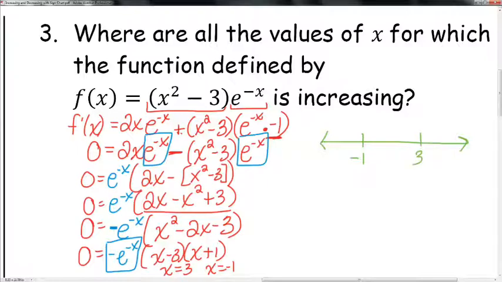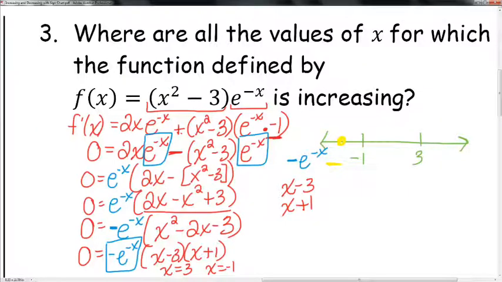But we're going to list all of our factors. So we have negative e to the negative x. We have x minus 3. And we have x plus 1. And so if I plug in a value over here, let's say negative 2, e is always going to be positive, and the negative out front is always going to give me a negative answer.